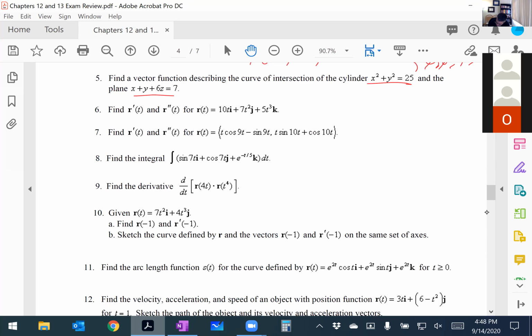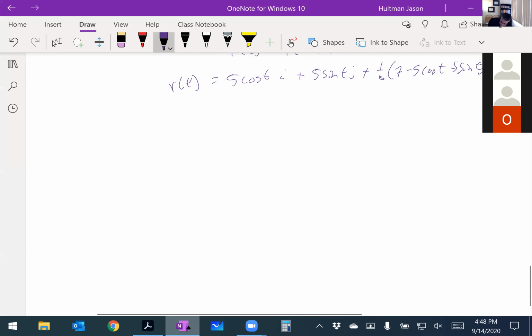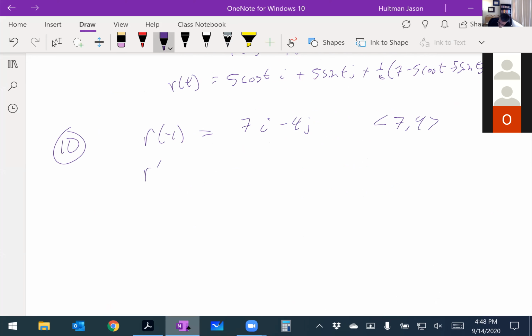Okay, so let's look at this real quick. Number 10. Well, what was r of -1? That was 7i minus 4j. Is that right? So 7, -4. And r prime of -1, this is going to be -14i plus 12j.